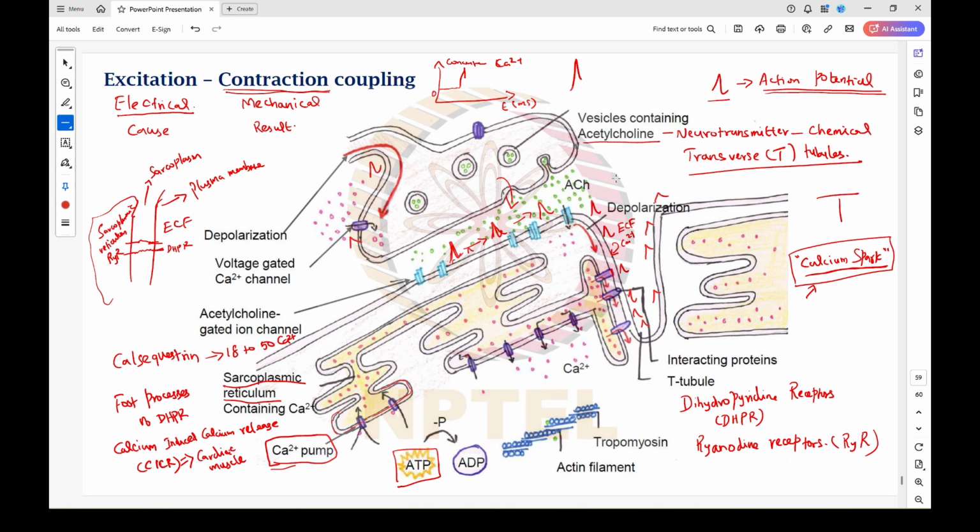The acetylcholine basically acts as a ligand, and the receptor is an acetylcholine-gated ion channel.